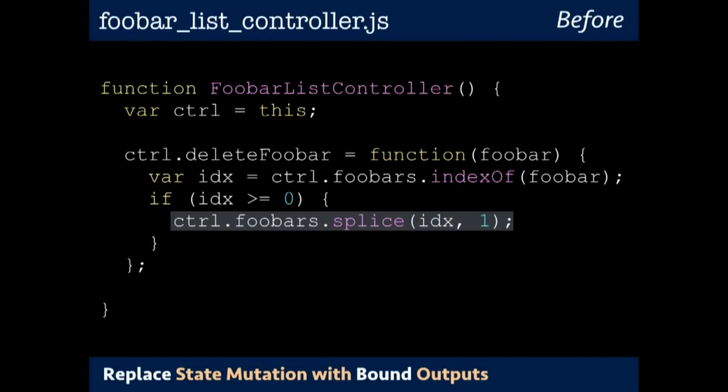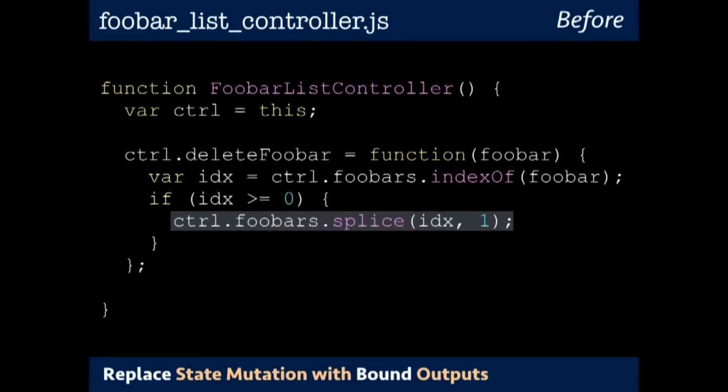So what I think we should have as a rule with these components is that no component should be allowed to mutate any data that it doesn't own. So in this case, we have this foo_bars collection, which was given as an input to the component. And I think because of that, it has no business going and changing what's inside it.